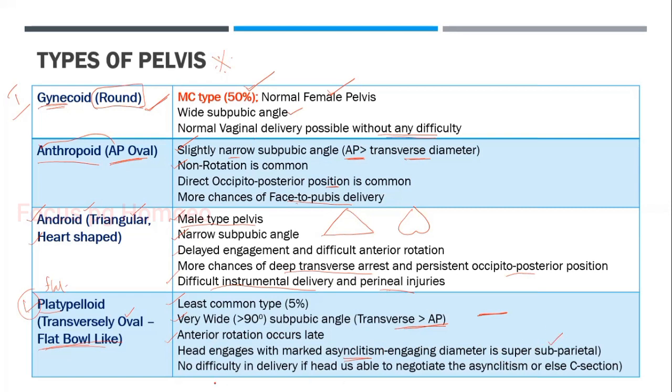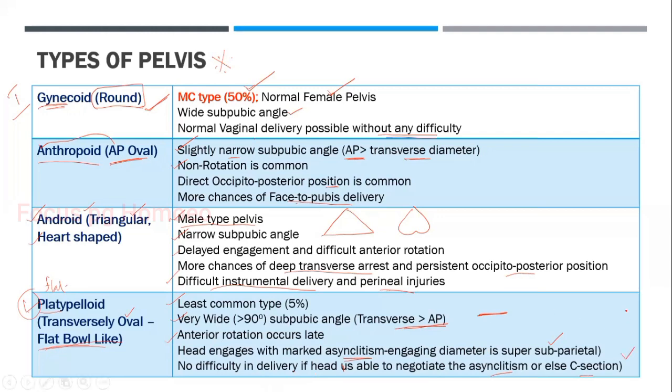There is no difficulty in delivery if the head is able to negotiate the asynclitism, or else C-section. Asynclitism is not an abnormal engagement. It normally occurs, synclitism and asynclitism. If the head is able to pass through that type of engagement, then it is okay and normal delivery can happen. If not, then she is taken for C-section.